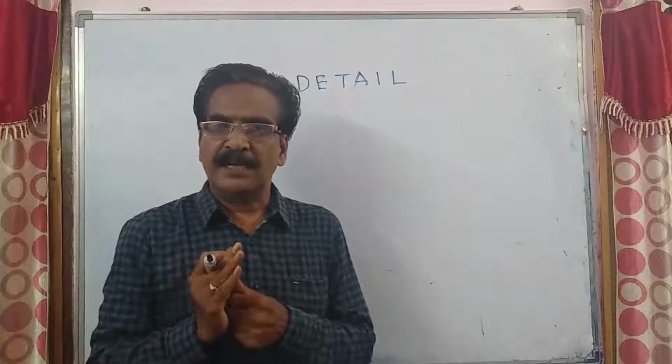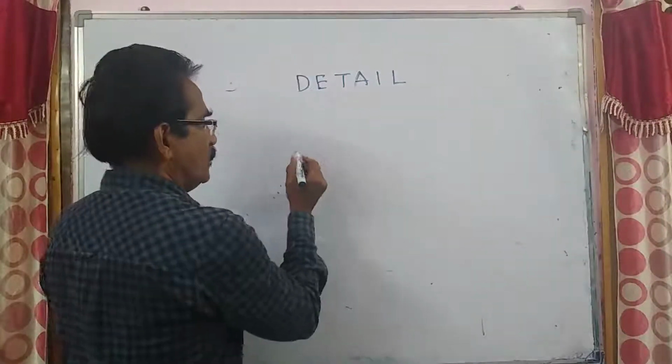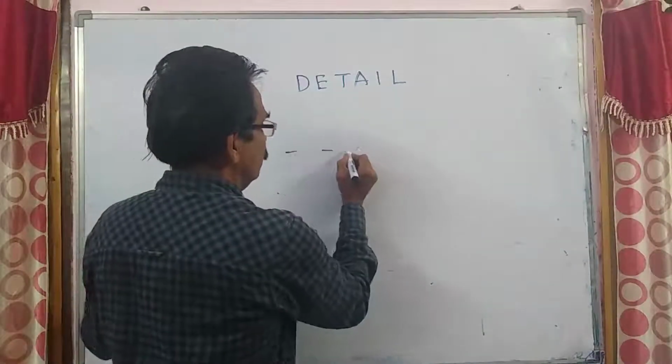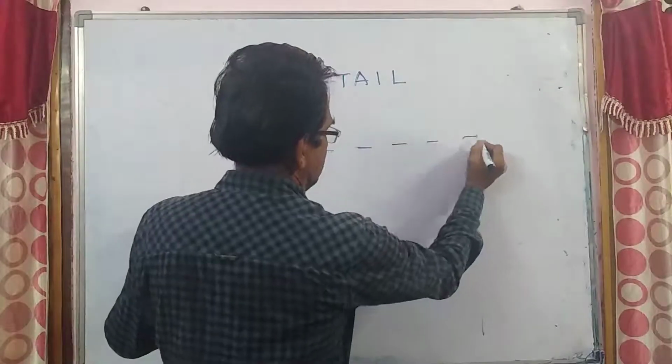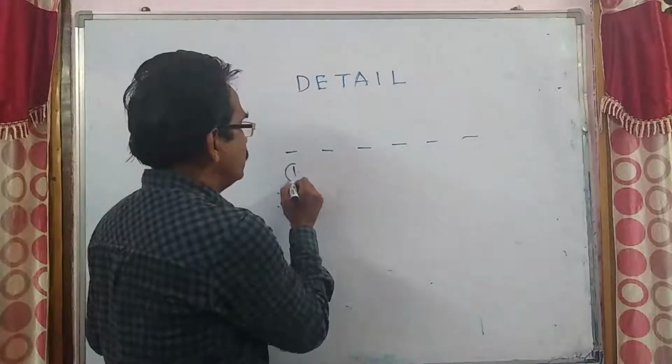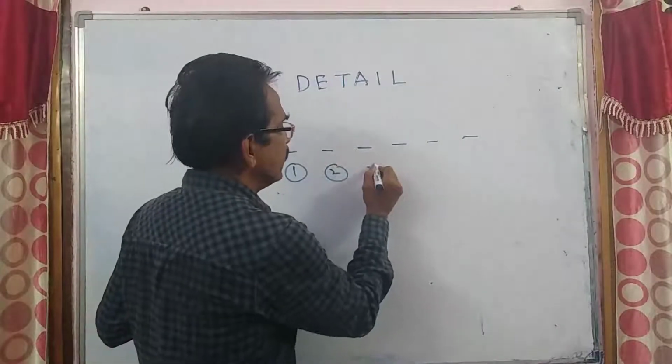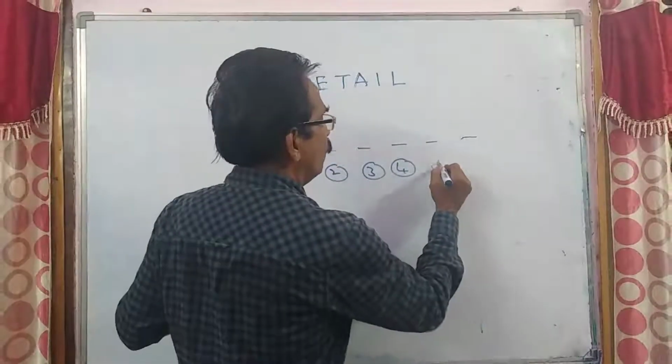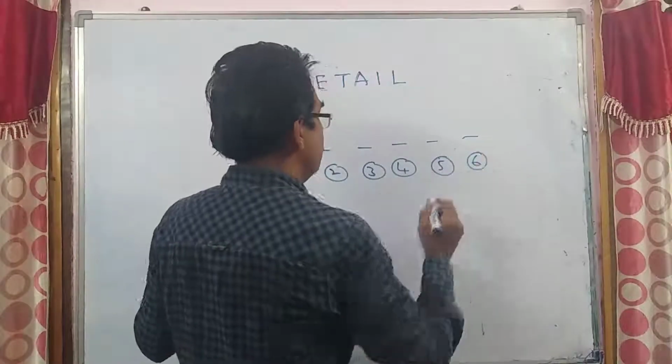We have 6 letters and 6 places: 1, 2, 3, 4, 5, 6.